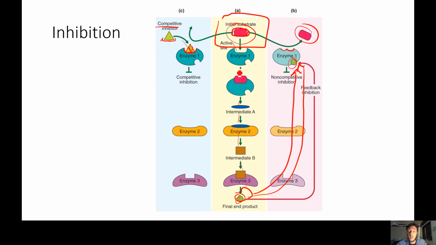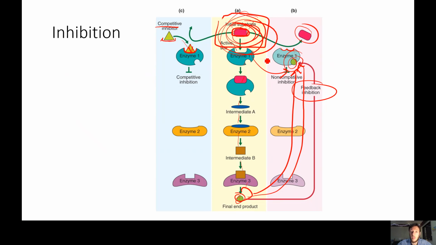A positive feedback would be like if the substrate produced a cofactor or a coenzyme that comes along and makes it easier for the enzyme to catabolize these. And with that, you don't really have brakes. It's all gas, all gas, because the more of this that you break down, the more of this you break down. Whereas with feedback inhibition, the more of this you break down, the less of this you break down.